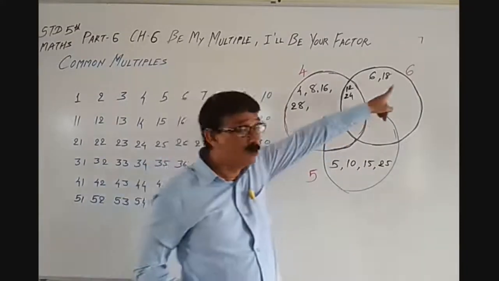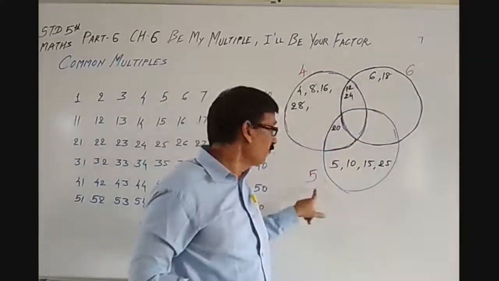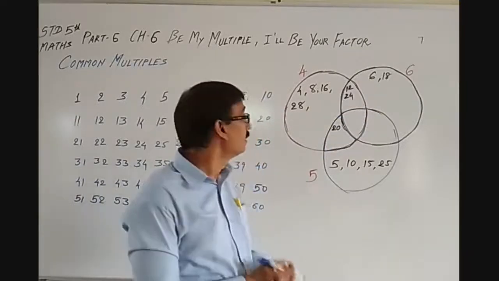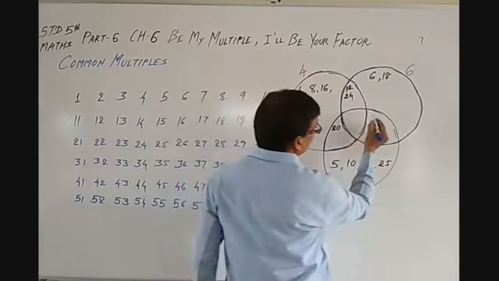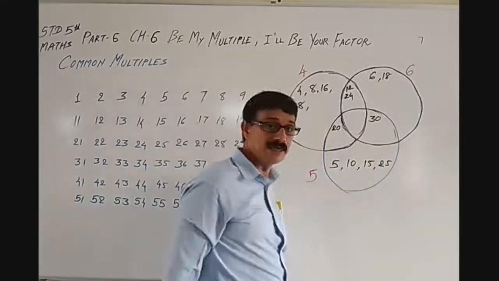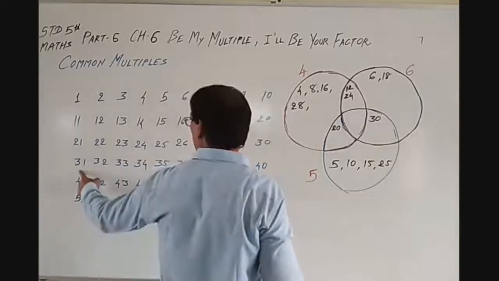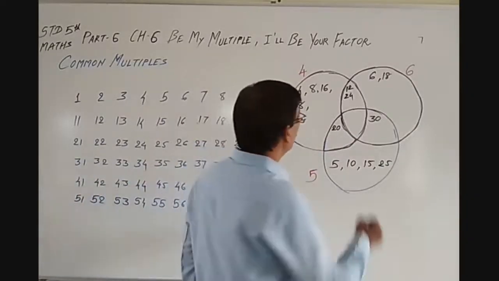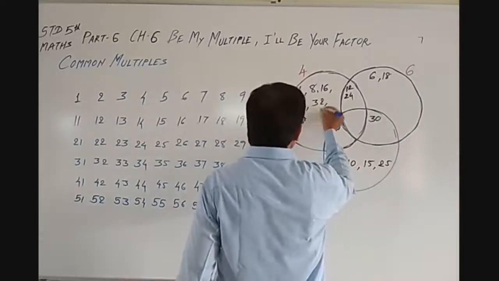Is it a multiple of 6, is it a multiple of 5? 5 6s are 30, isn't it? So it is common to both. That is why I should write it over here, isn't it? Then let's go further. 31 no, 32. 8 4s are 32. That is why over here.